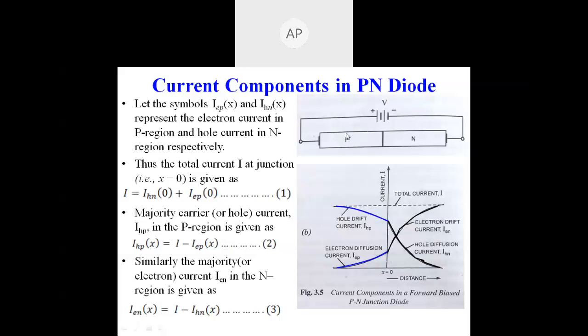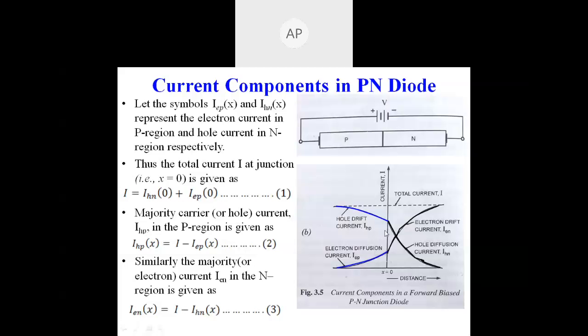So finally, we can say that the majority carrier current will flow, due to the holes and the electrons. The hole current will be from left to right, and the electron movement current will also be from left to right, considering the majority carriers.